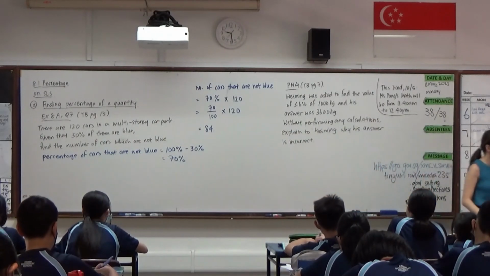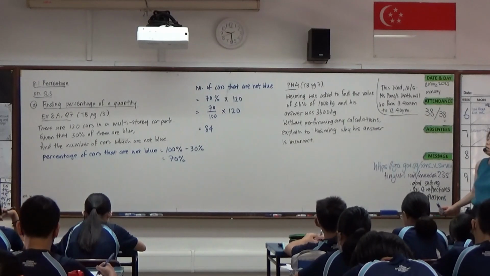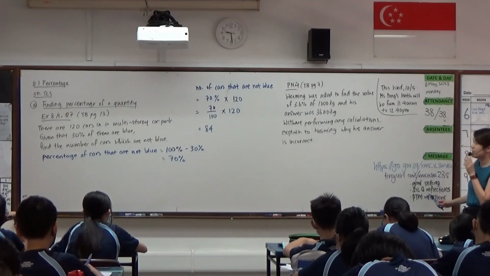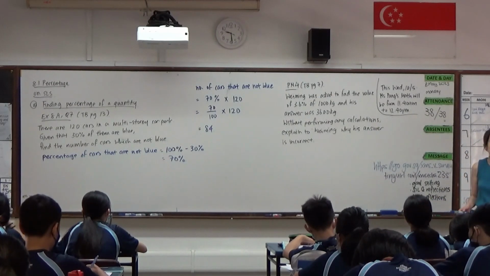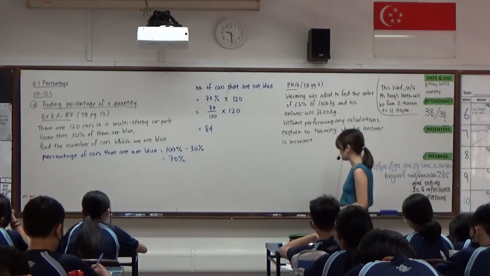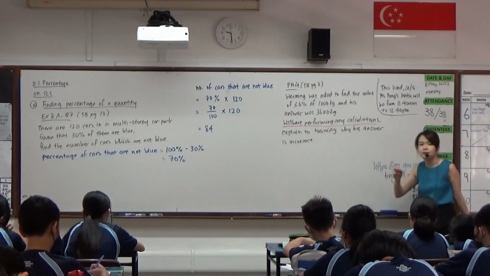Looking at this question, it says that Wei Ming was asked to find the value of 3.6% of 1000 kg, and his answer was 3,600 kg. Without performing any calculations, explain to Wei Ming why his answer is incorrect. So the keyword over here is "without performing any calculation".